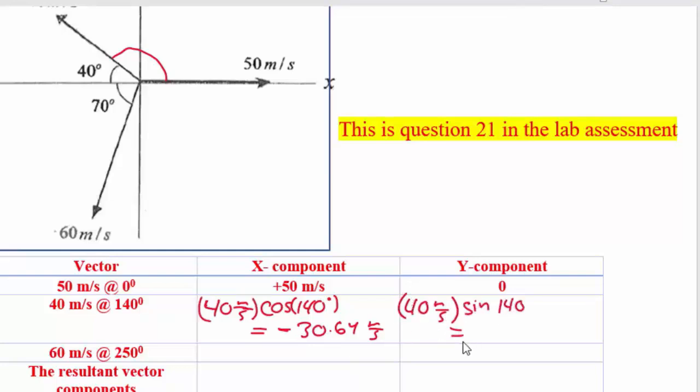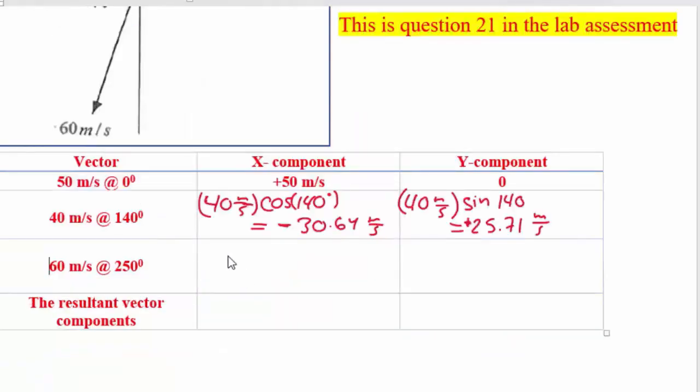Sine 140 will give you positive 0.643. When you multiply it by 40, this will yield 25.71 meters per second. And notice here this is positive, while the x component is negative. We expect that because the second vector is located in the second quadrant. So its projection on the x-axis will be negative, while its projection on the y-axis will be positive.